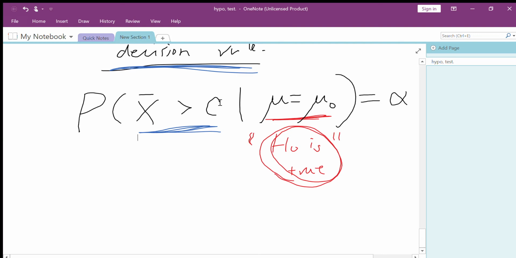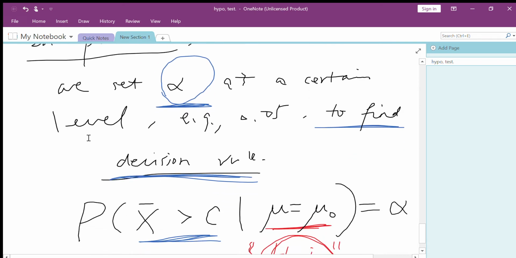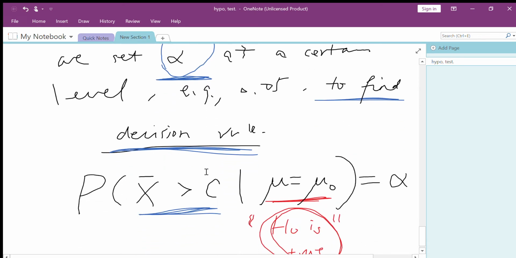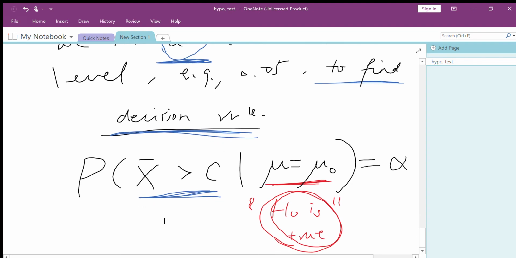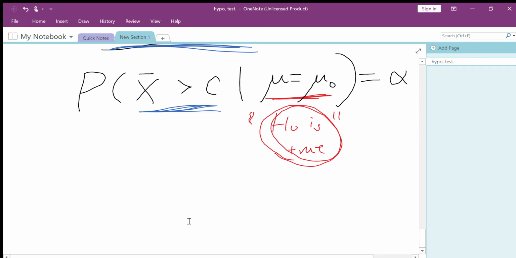We would like to find some constant, and we would like that if the observed small x bar is greater than some constant c, then we reject. So that's what the decision rule means. So in practice we set alpha at a certain level, for example 0.05, to find the decision rule. The decision rule is made so straightforward by this formula.